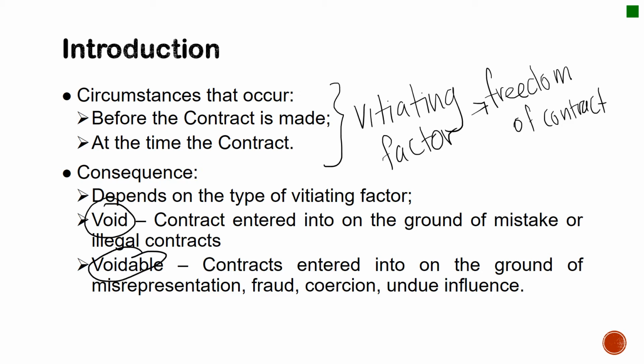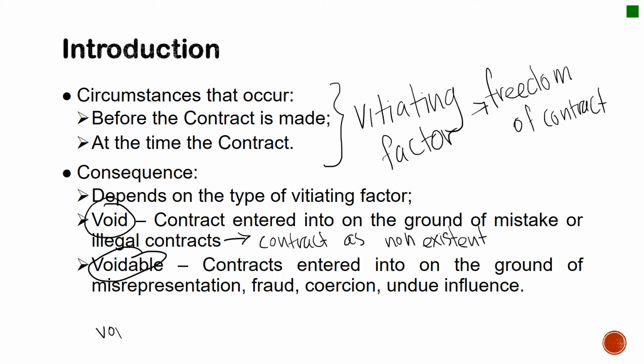So when we say the contract is void, it means we take the contract as non-existent between the parties. That means the court treats the contract as not existing at all. So the remedy available is to basically reverse the transaction between them.